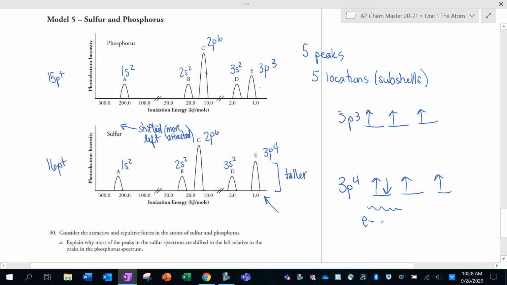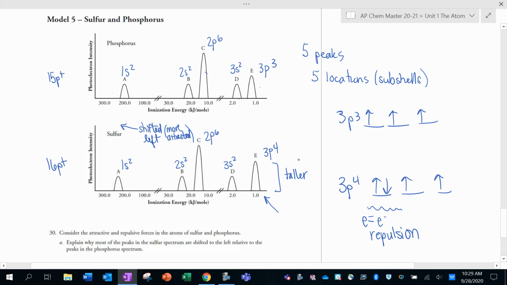So we have a little bit of electron repulsion happening. Because remember, electrons are negative, like charges repel each other. So the ionization energy over here in sulfur is a little bit less than we would expect, and that's because of this little extra electron repulsion happening here in the sulfur.